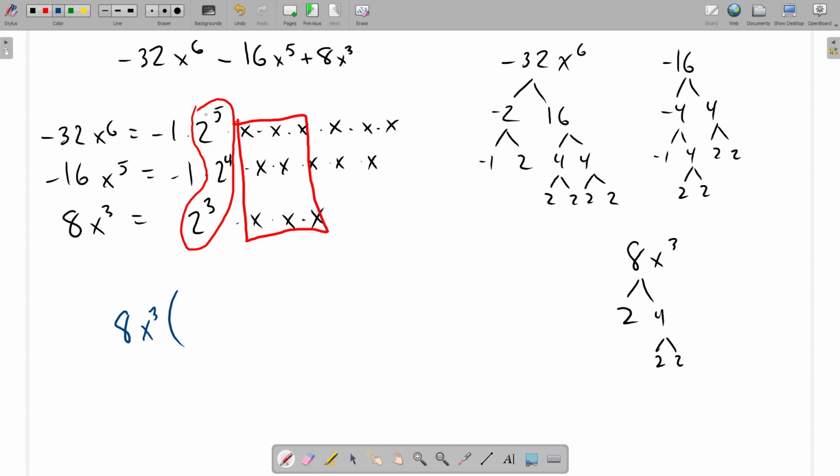So negative 1 times 2 is negative 4, times x times x times x is negative 4x cubed. Negative 1 times a 2 that's left over is negative 2 times x is negative 2x squared. This x is in that box.